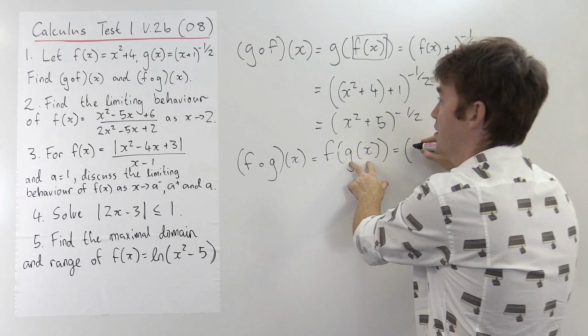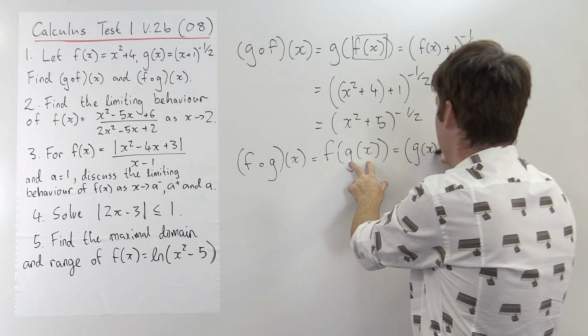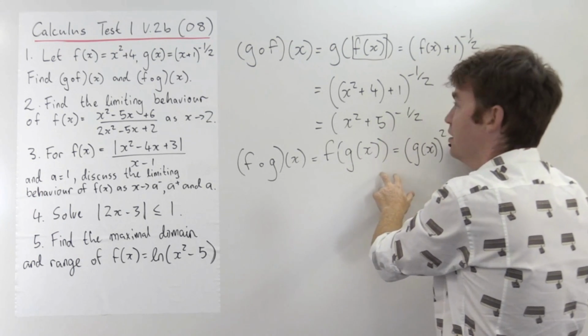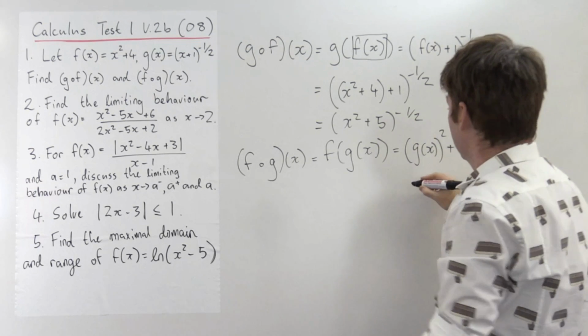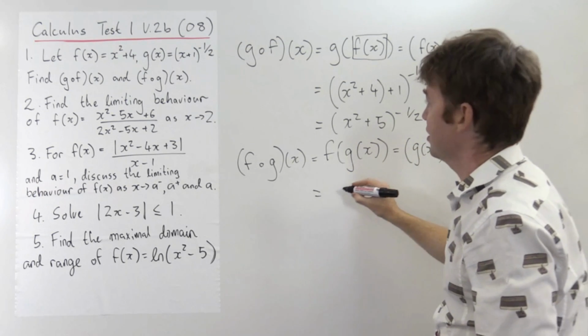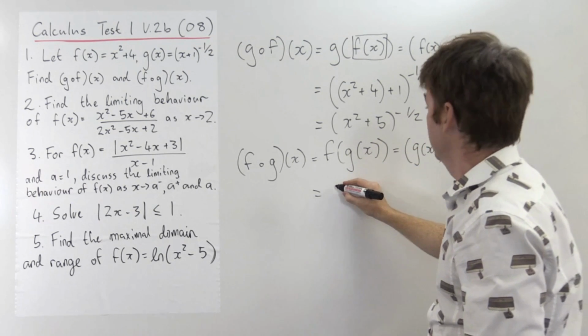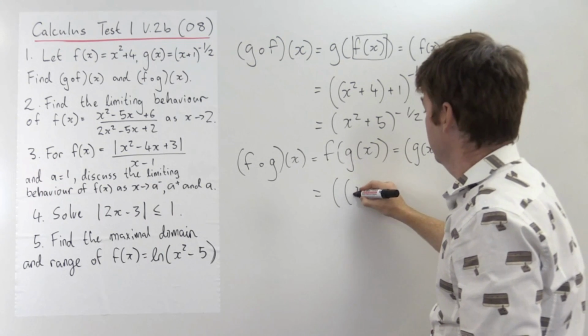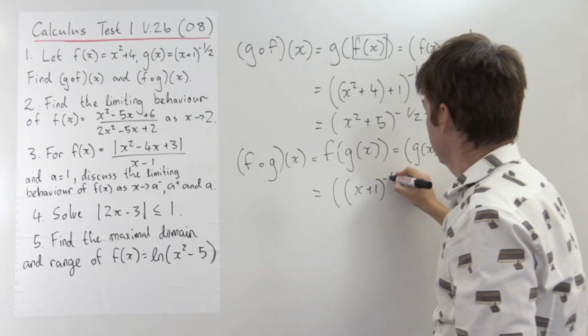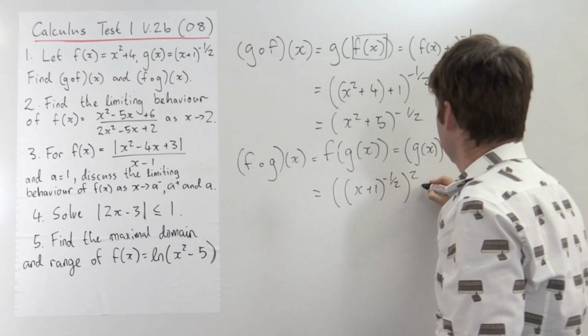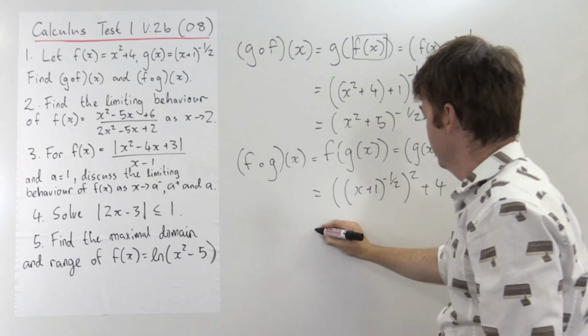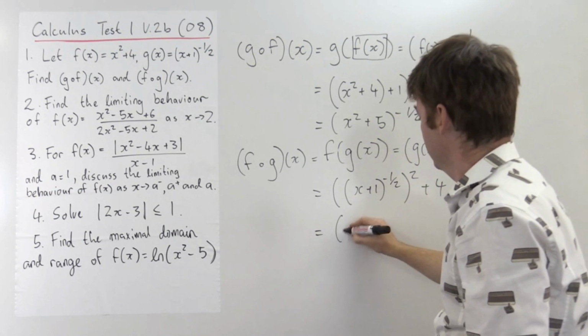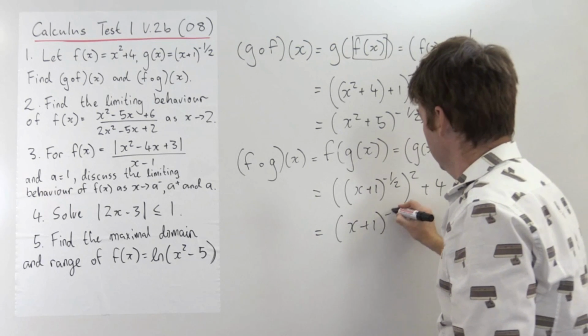That's g of x. So not x squared, but g of x squared plus 4. And then I need to introduce g of x. So this is x plus 1 to the negative 1/2, squared, plus 4. And this is x plus 1.